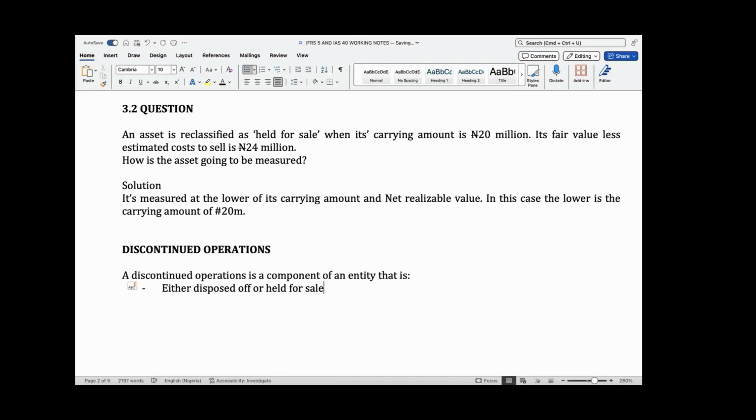Is a component of an entity that is either disposed of or it is held for sale, and it is a separate line of business.